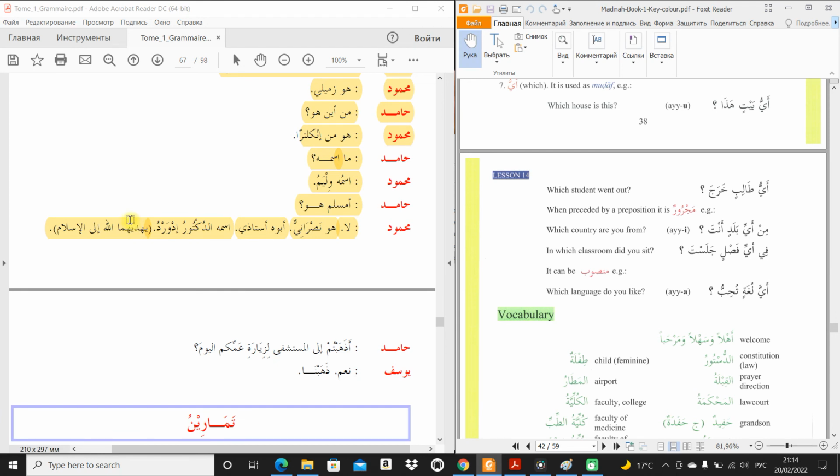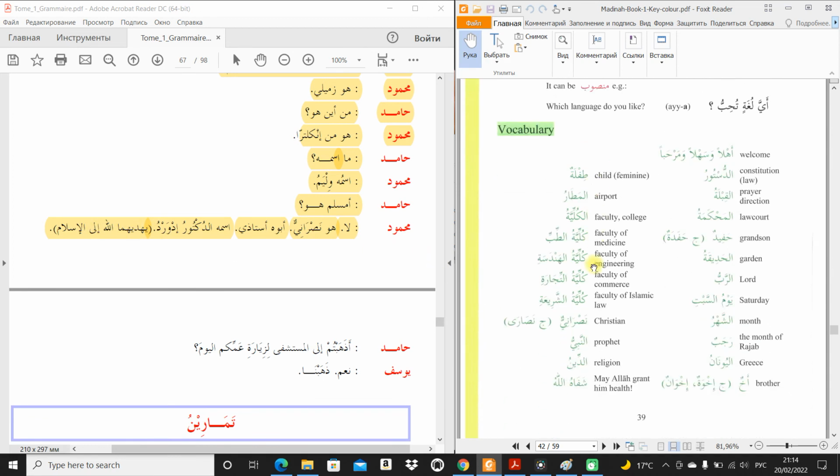For example, sa'altu, I asked. Sa'altu huma, I asked both of them. And yahdihima, it means guide them. May Allah guide both of them to Islam.